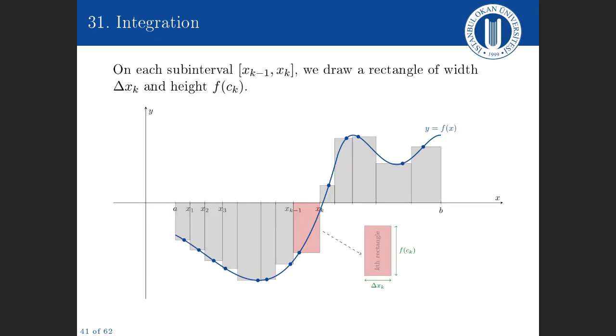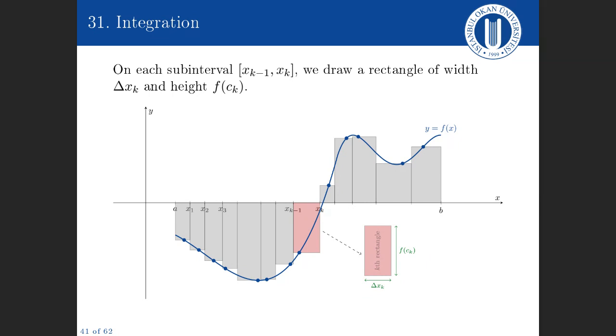On each one of these little subintervals, we're going to draw a rectangle of width delta xk and height f of ck. So, for example, the kth rectangle has width delta xk and height f of ck. Now, if our function is negative, we're going to have a rectangle of negative height.